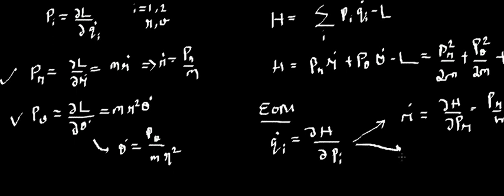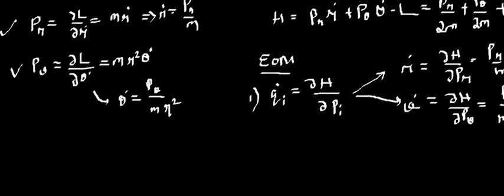And from here there is another equation for theta dot. Theta dot is equal to del H divided by del P theta. So what will you get? Here you will get P theta divided by m r square. This is clear? This is the first part.